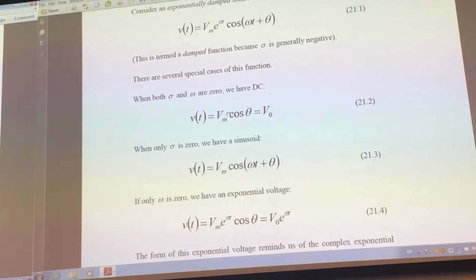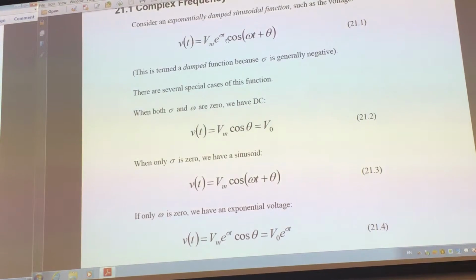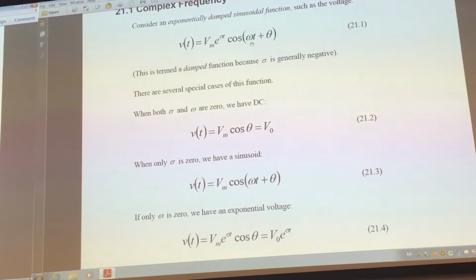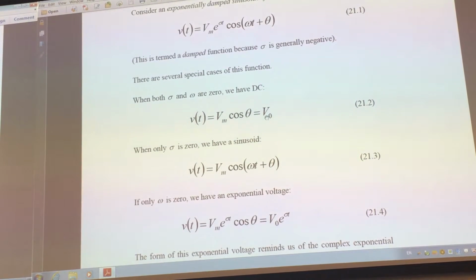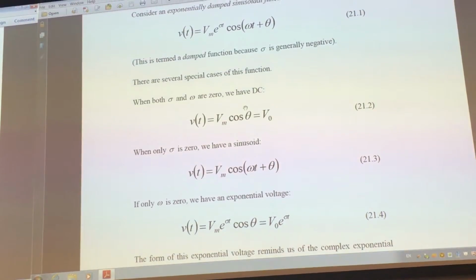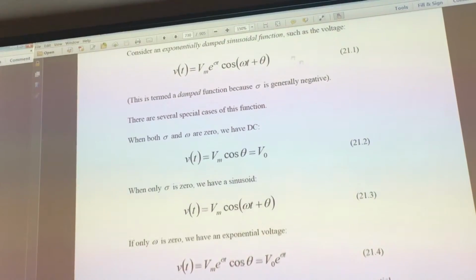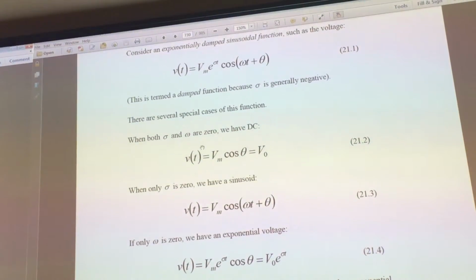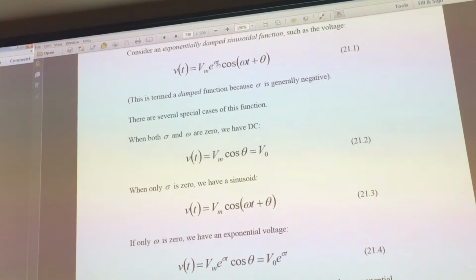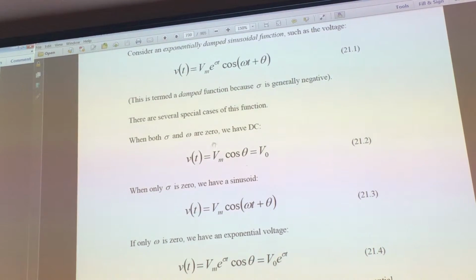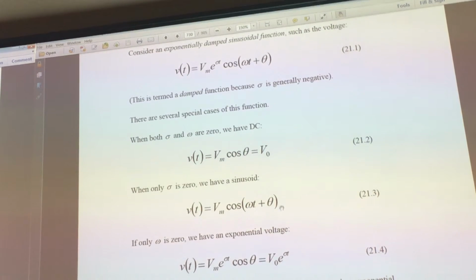So as I've already said, you can now set sigma and omega to 0, and you can express a DC voltage or DC value using that general expression, the exponentially decaying sinusoidal function. When sigma is equal to 0, e to sigma t is of course 1, and we have just a normal sinusoidal signal with some frequency and maybe a phase.